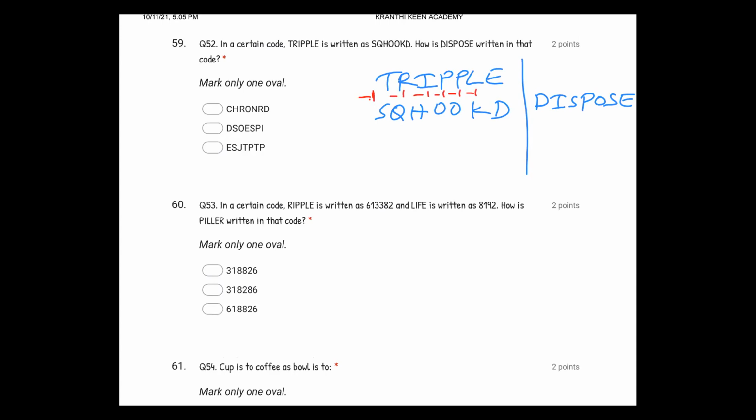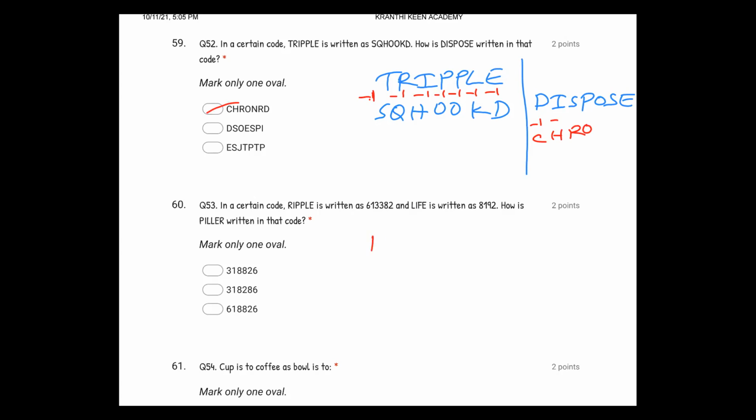All are going to minus 1. Before C, before H, before S, what will come? P, Q, R, so S before is R, P before is O, C, H, R, O. It is related to the first option.